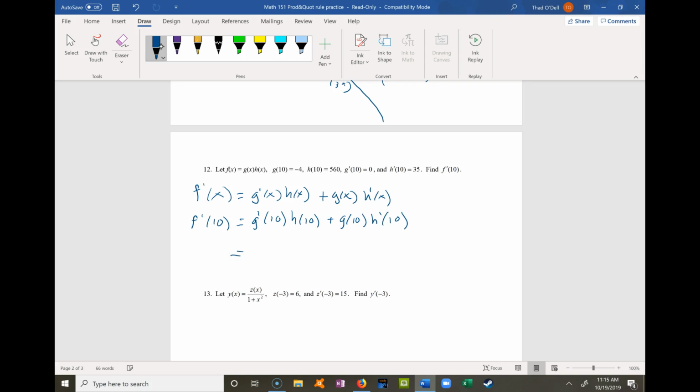So that would be equal, well, g prime of 10 is 0, so this whole thing has become 0, and g of 10 is negative 4, and h prime of 10 right there is 35, so my answer would be negative 140.